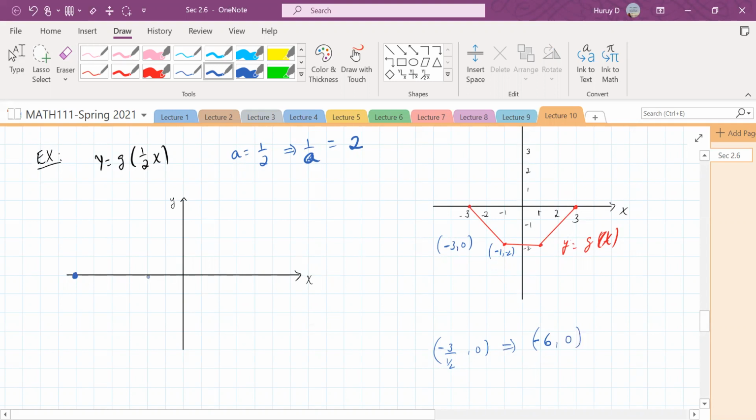So -2 comma -2 will be here, and then the other one will be here, and then 6 will be right here. Okay, then we just connect these points, and we have the graph of the new function.